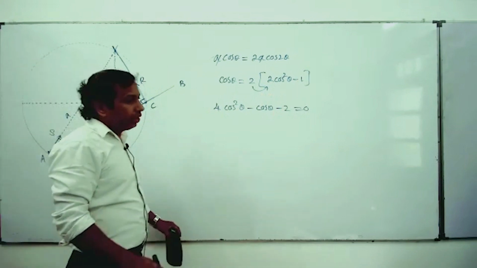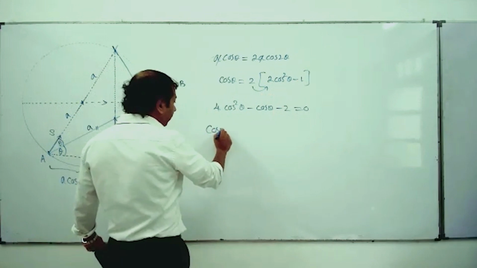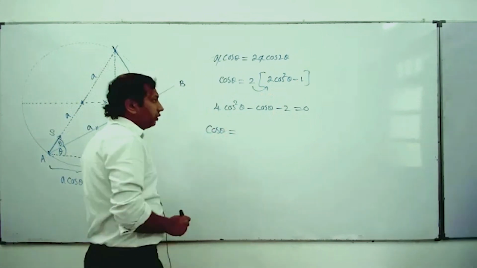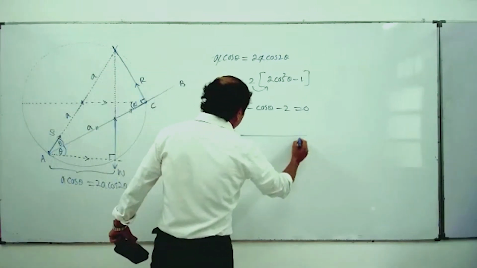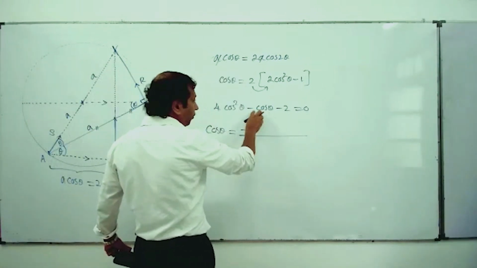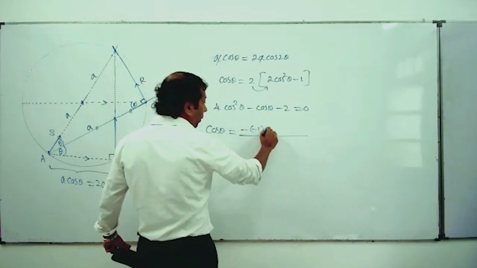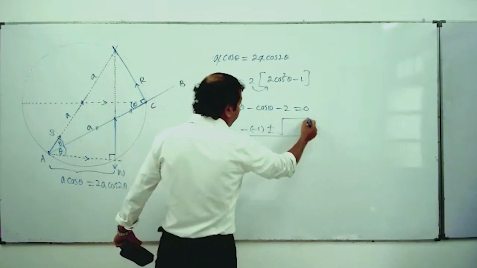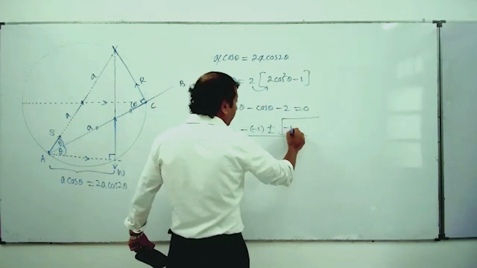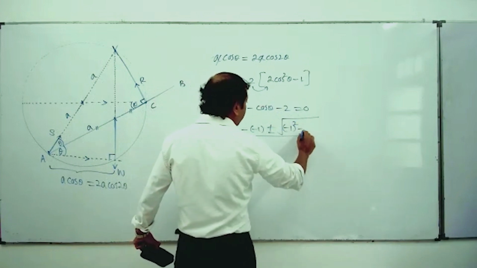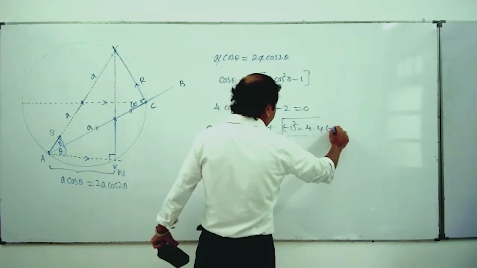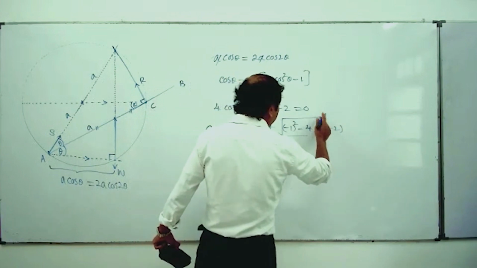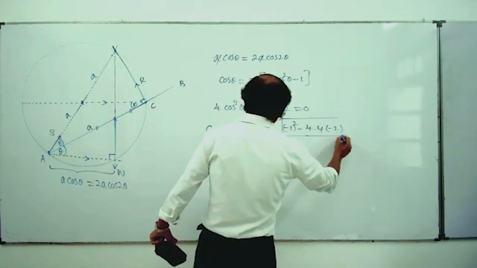Then you can get two answers for this cos theta. Right? You can't factor this, so you can use the formula. How? Minus b, b is here minus 1, comes to minus, square root of b squared, minus 1 squared, minus 4 times a, which is 4, c is minus 2, divided by 2 into 4.